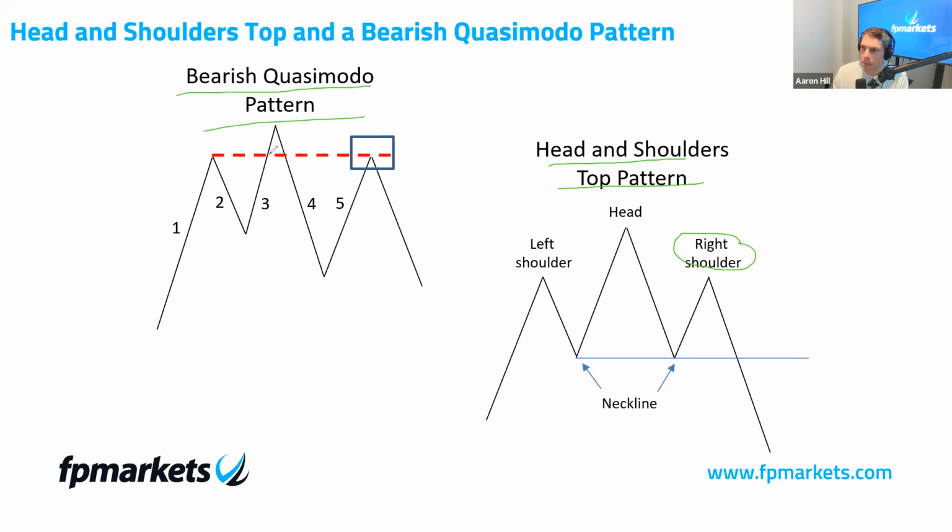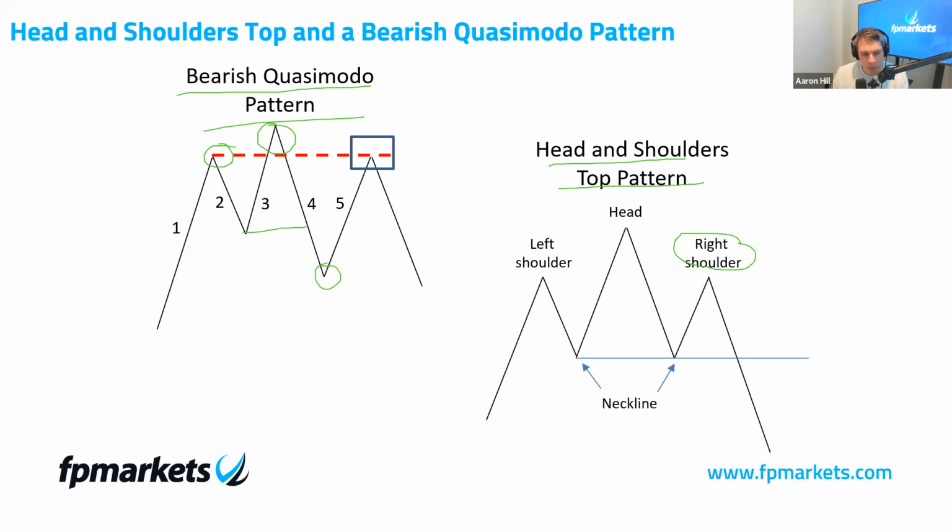All the QM top requires, the bearish Quasimodo pattern requires, is a left shoulder at this point here, between point 1 and 2, the head, which as we know now is the bull trap, and a lower low, right? So at point 4, do you remember we broke that low at that point there? And that's it. That's all we require for the QM top over the head and shoulders.